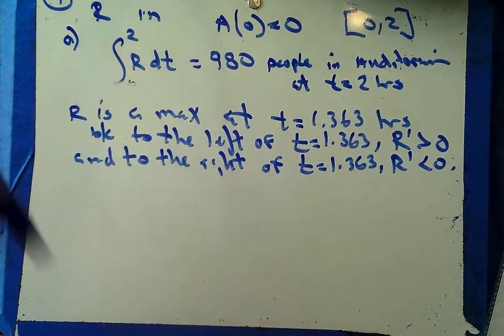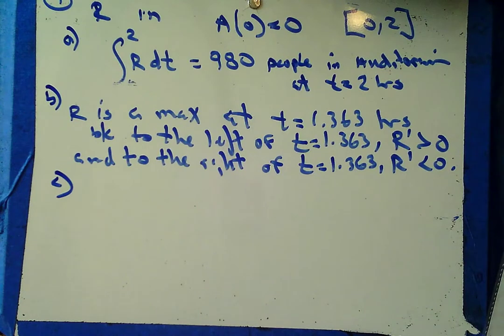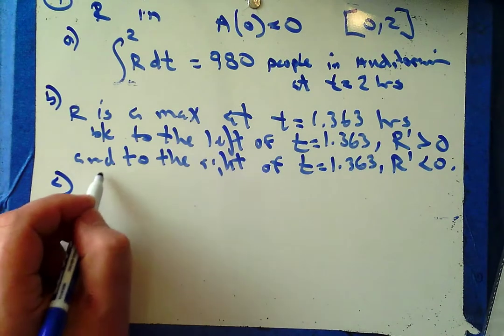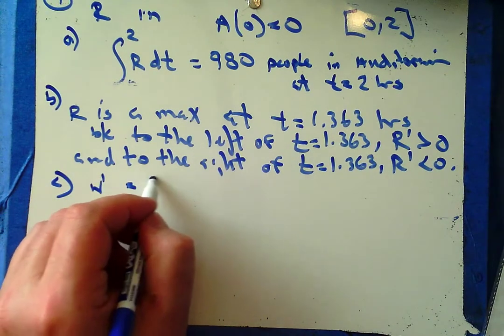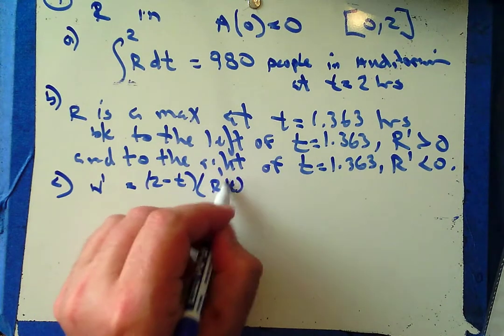Okay, there's part B. Part C says the total wait time for all the people in the auditorium is found by adding the time that each person waits, starting at the time the person enters the auditorium and ending when the concert begins. The function W models total wait time for all the people. The derivative, w prime, equals (2 minus t) times r of t.